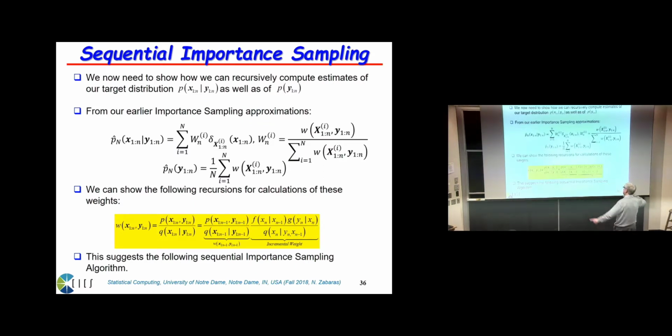The only thing I'm going to remind you is the weights will be the previous weights and the incremental weights, and the only difference here is I substituted this approximate proposal distribution that I discussed before. So if we somehow can compute this, or we know what we should put here, f is easy to compute, g divided by q, and then we can update that.